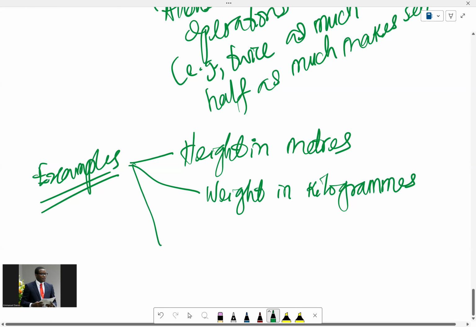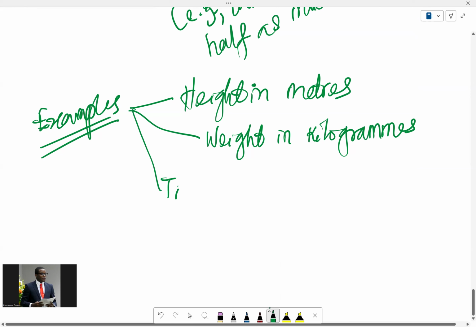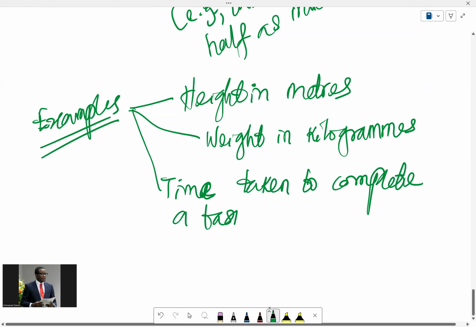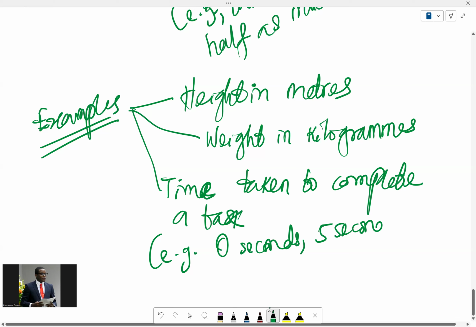Then you have time taken to complete a task. Somebody can take double the time another person takes to complete the task, or half the time another person takes to complete the same task. E.g., you have 0 seconds, 5 seconds, 10 seconds.